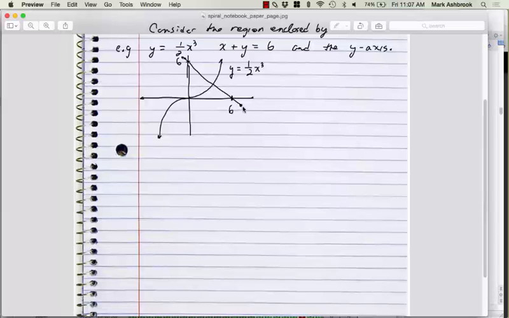Here's your x plus y equals 6. And the y-axis, so which one is it talking about? This here. To the left. Yeah, there you go. Okay, this.